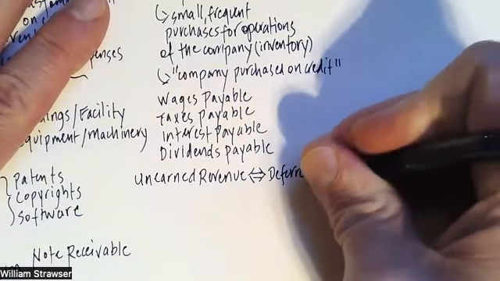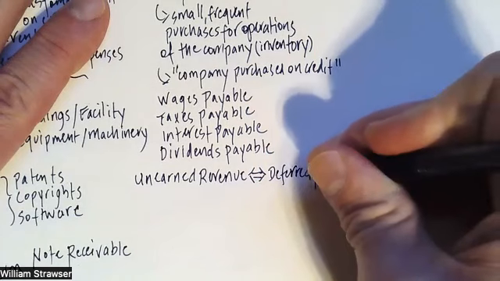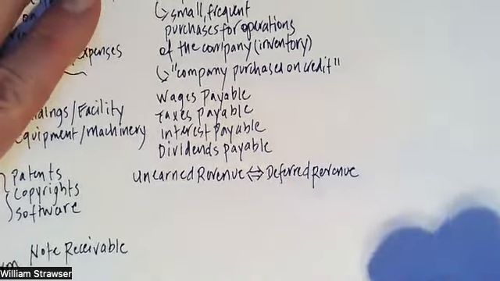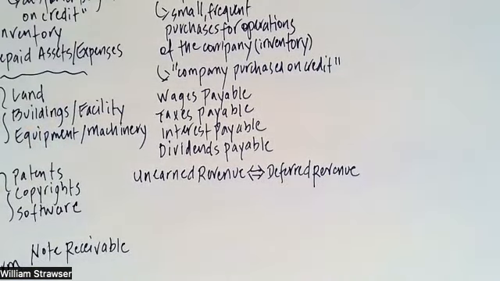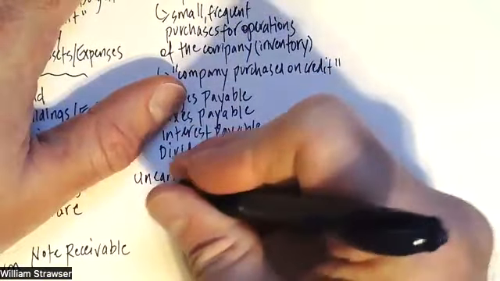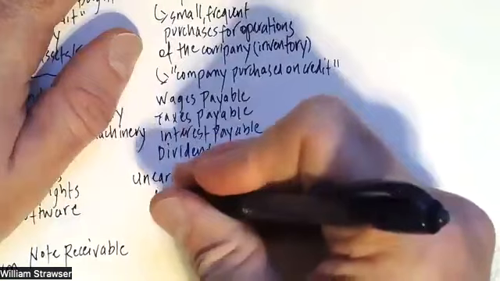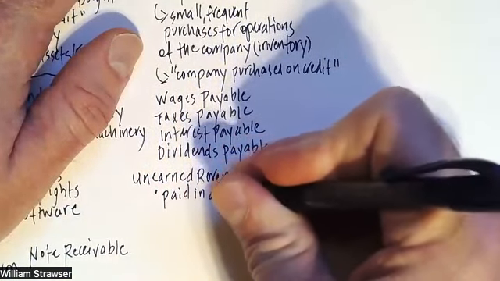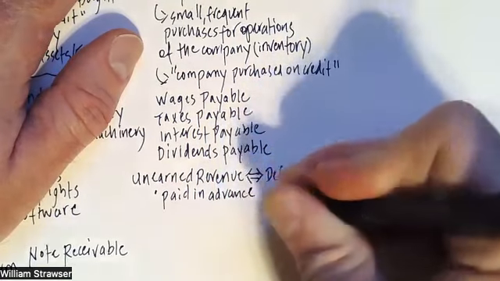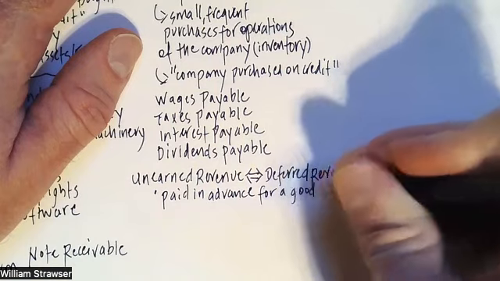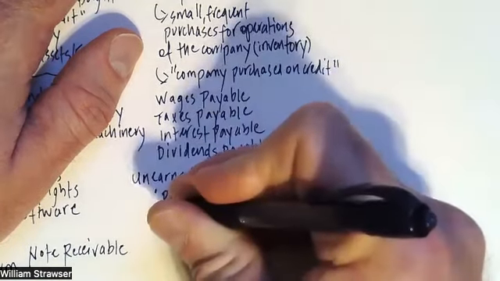I'm not sure why we start you off on a word that no one really uses. So unearned or deferred revenue, the same thing. This arises when we're paid in advance for a good or service yet to be delivered.